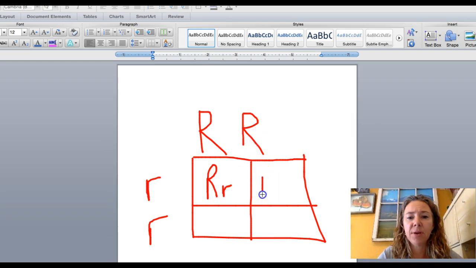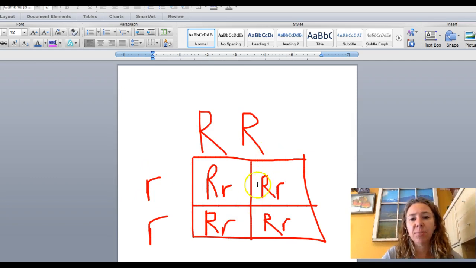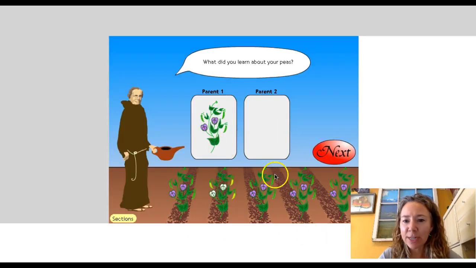Same thing here, bring that R down, that R over. I always write the dominant trait, the big R, first. So even though I now have 100% heterozygous, I'm going to have 100% purple plants because, again, that R is the dominant trait. So that allows us to make predictions about the offspring based on a particular trait.